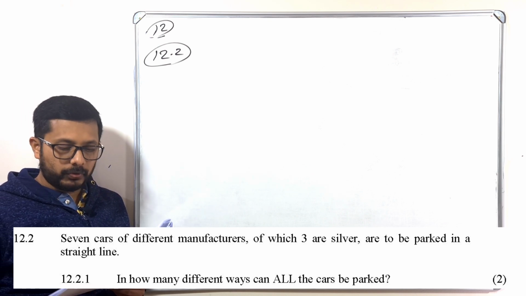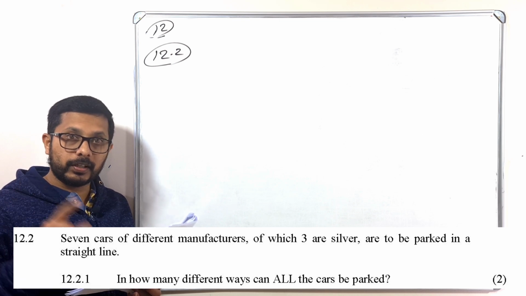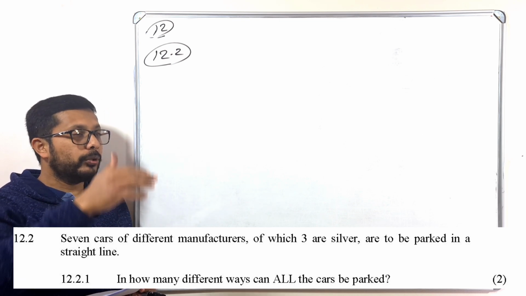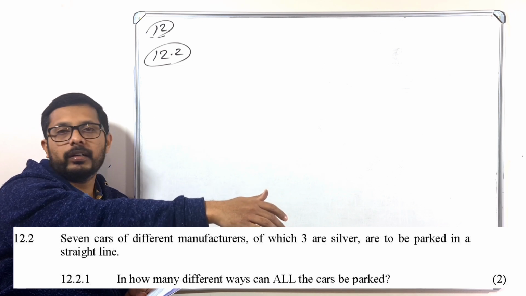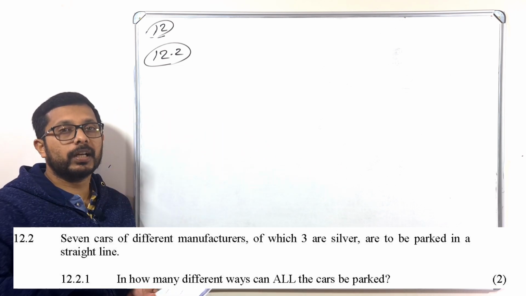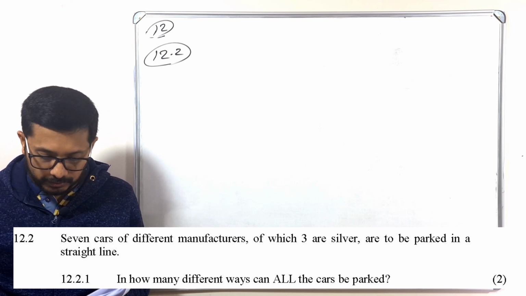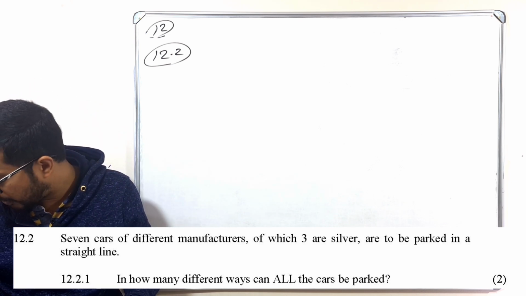Wow. So how many cars are there? 7 cars. Audi, BMW, Toyota, then Hyundai. There are different manufacturers. Total how many cars are parked in a straight line? So all that 7 cars are parked on a straight line.